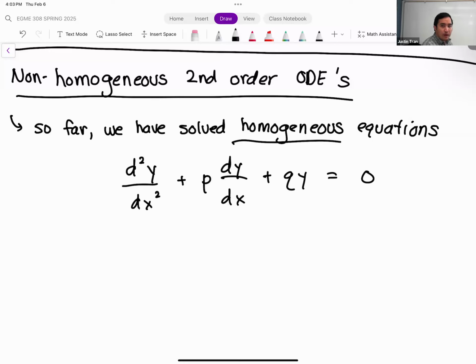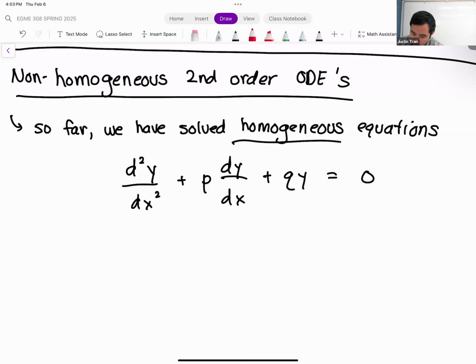We've done this maybe a dozen times at this point. You would form the characteristic equation from this, solve for its roots, and based on the roots of the characteristic equation, that would then form your solution. But we've only done this for homogeneous equations.